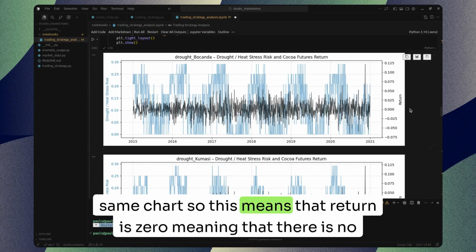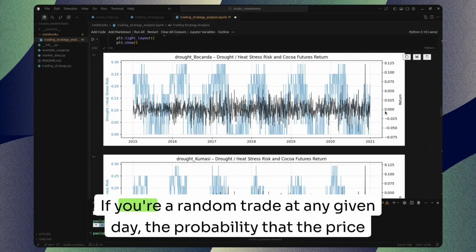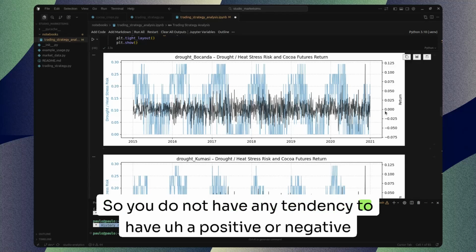So this means that the mean return is zero, meaning that if you're doing a random trade on any given day, the probability that the price is going to go up is the same as the probability that it's going to go down. So you do not have any tendency to have positive or negative returns.